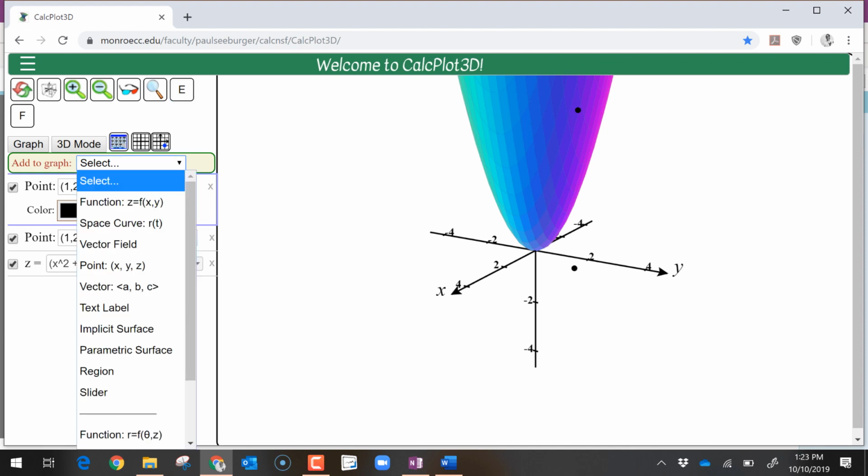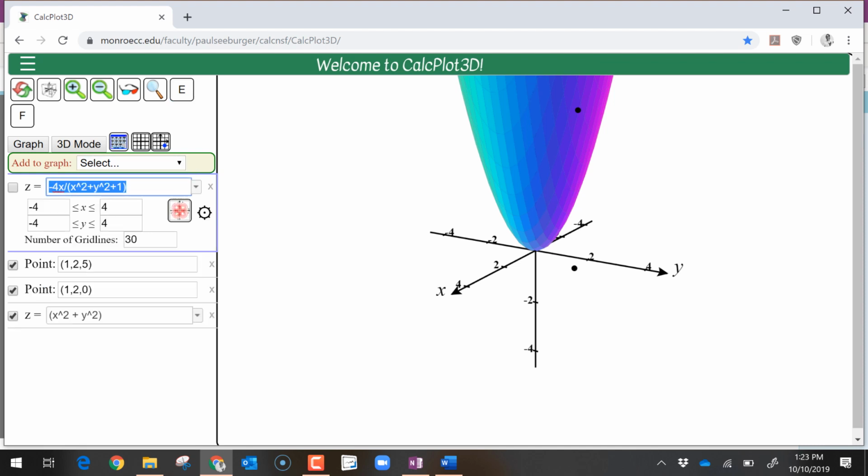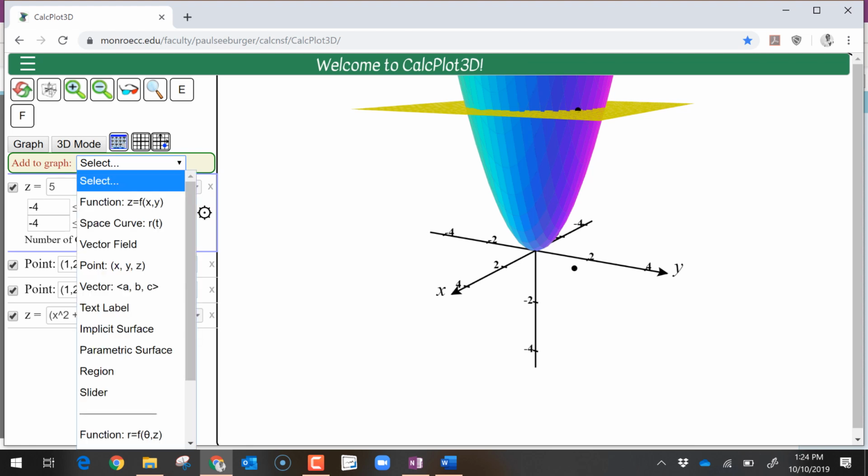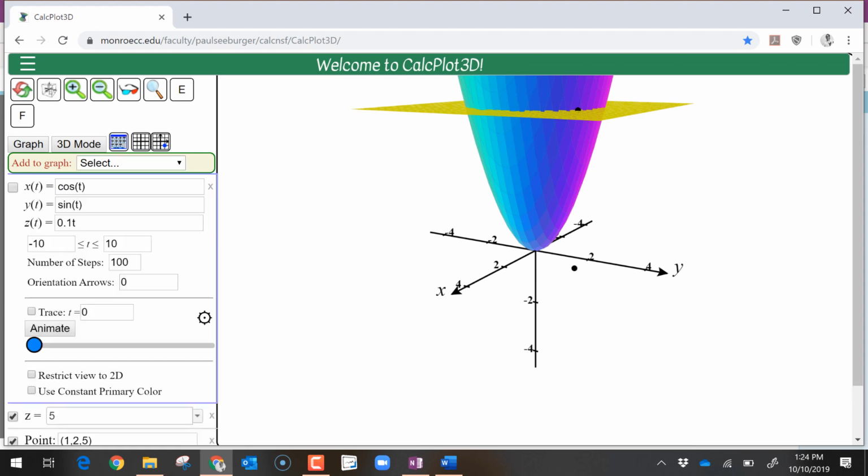And then we'll cut it with a plane. And we see that that point is actually on the plane, right? And then we'll get the level curve, to be the level curve on the ground.